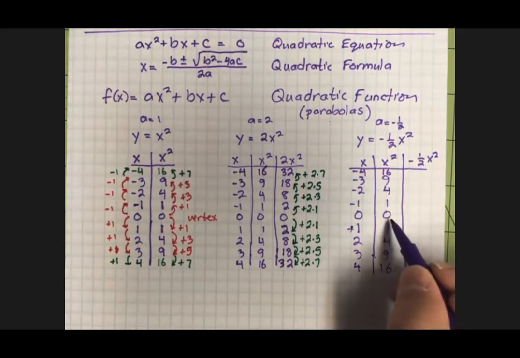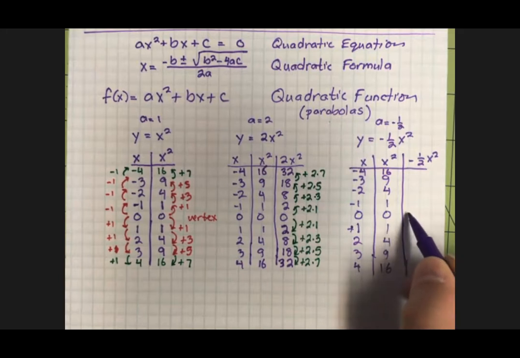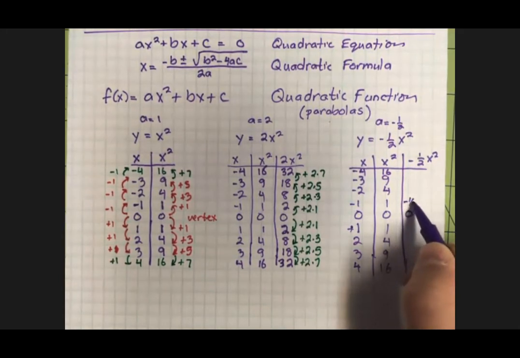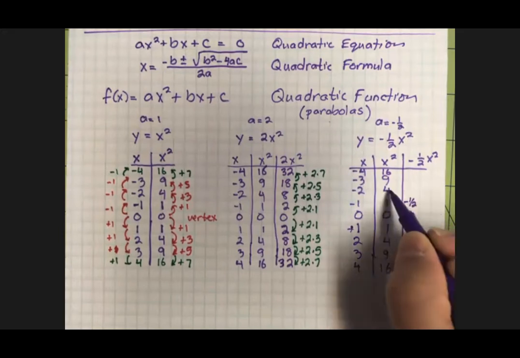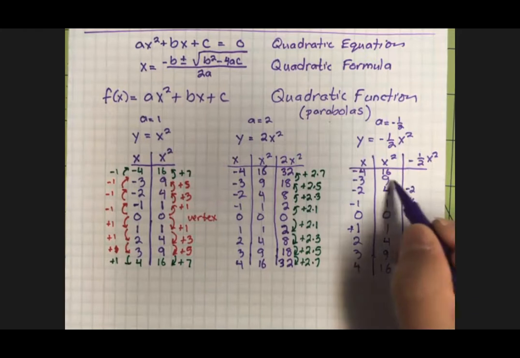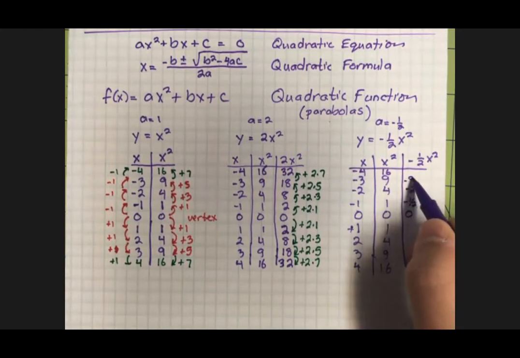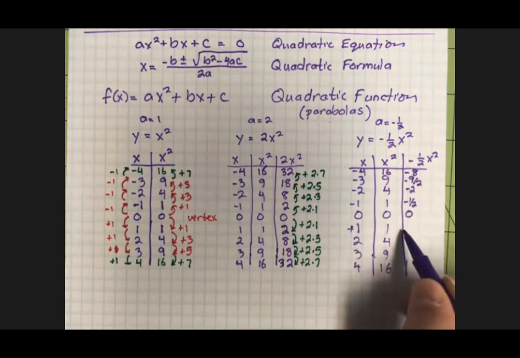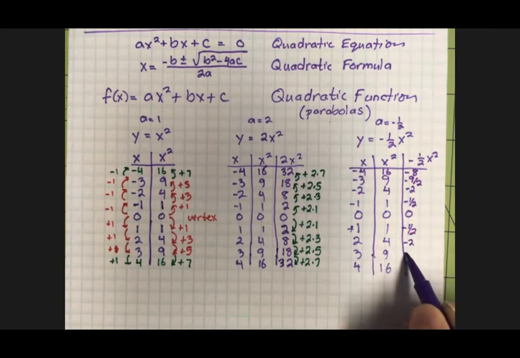I don't enjoy that. But minus 1/2 times 0 is still 0. Minus 1/2 times 1 is minus 1/2. Minus 1/2 times 4 is minus 2. Minus 1/2 times 9 is minus 9/2. Minus 1/2 times 16 is minus 8. They're not all fractions. Minus 1/2, minus 2, minus 9/2, and minus 8.